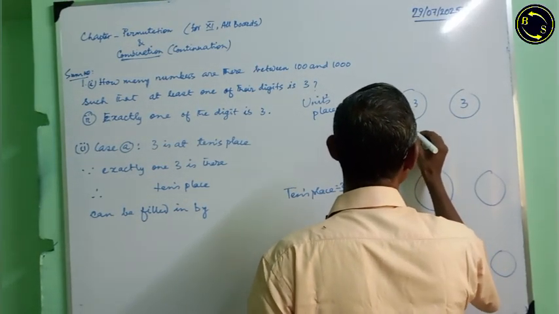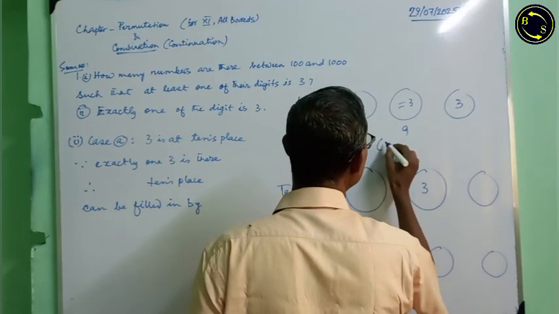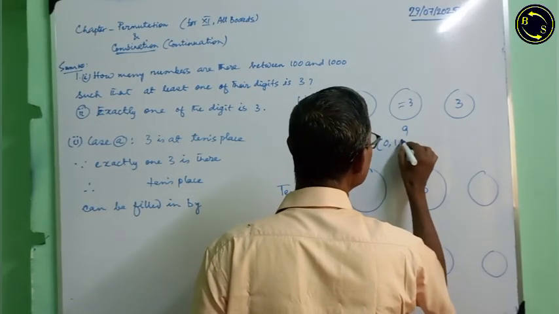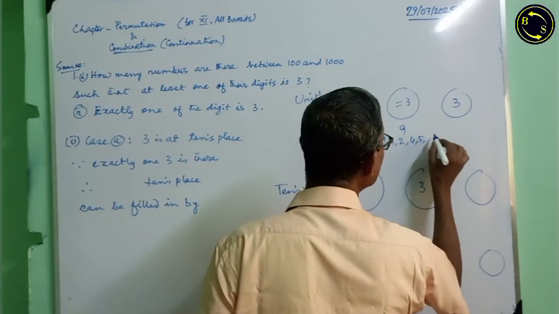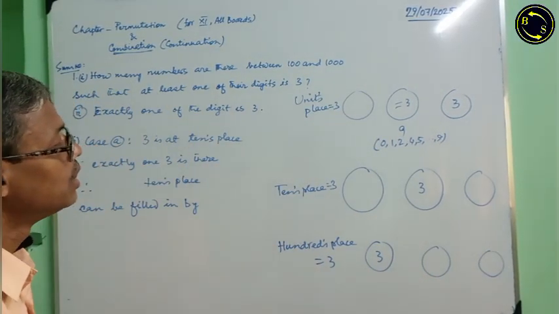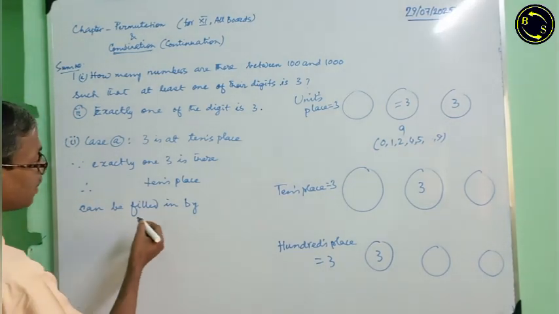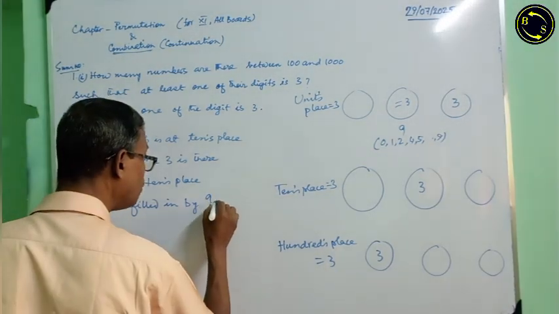Therefore, 9 digits, 0, 1, 2, 4, 5 and so on, so it can be filled in 9p1 ways.